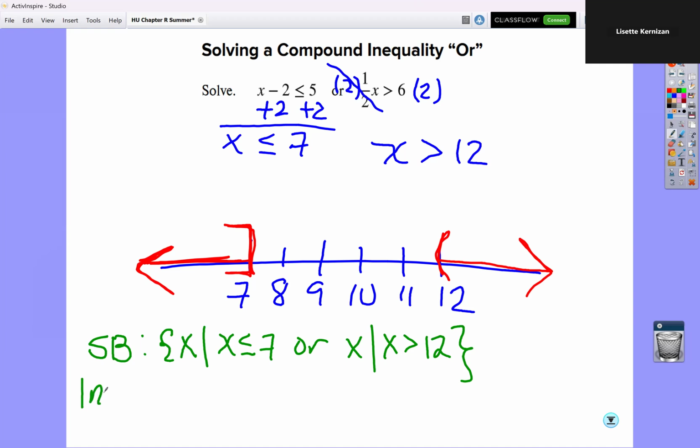For interval notation, you're saying from negative infinity to 7 with a bracket, and, or rather, from 12 with the parenthesis to infinity. All right, so that's what it looks like.